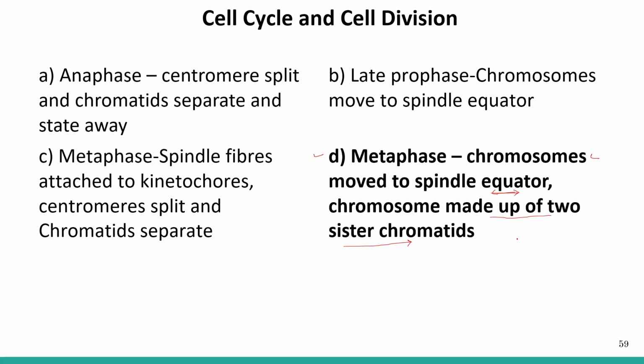Remember that a chromosome is made up of two sister chromatids. This is a chromosome, and these two are known as sister chromatids. So this is the answer, option D.